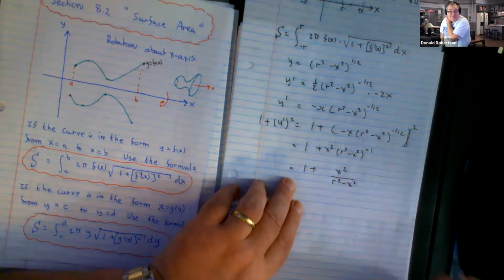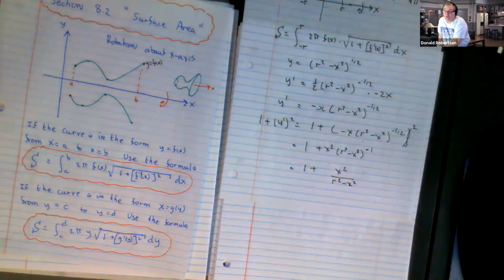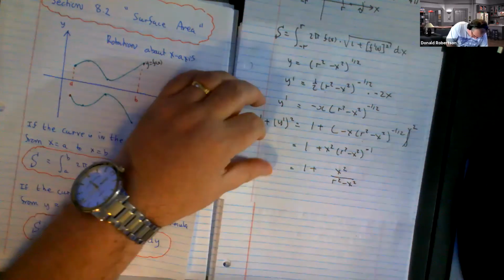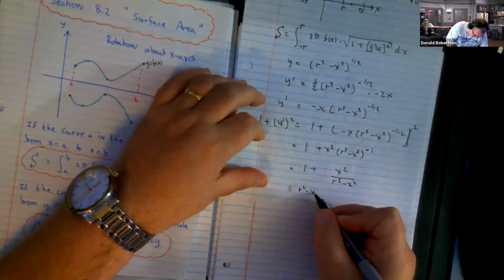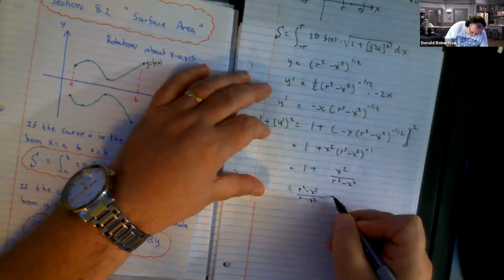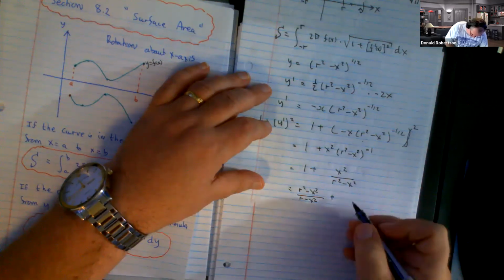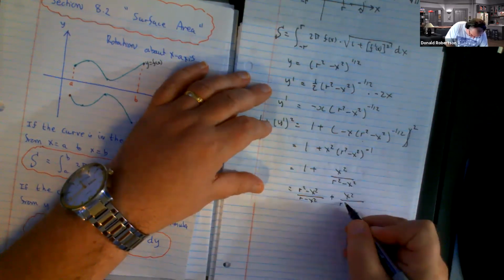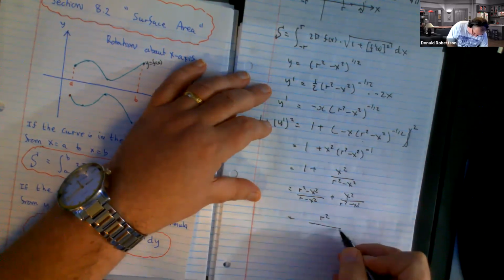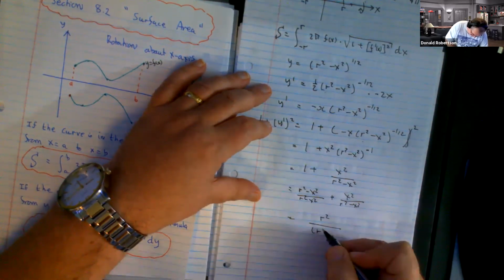Now this has happened today, hasn't it? Where we had a 1 plus a fraction. And didn't we just basically turn that into him? So we have an r squared take away x squared over r squared take away x squared plus an x squared over r squared take away x squared. And all you're left with is r squared on the top and r squared take away x squared on the bottom.